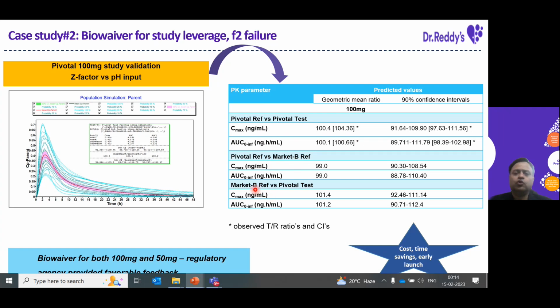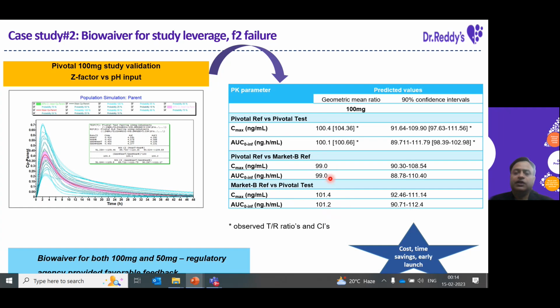We also showed where the concern was coming from, that market B versus the pivotal test, in spite of the dissolution differences at pH 6.8 and F2 not matching, we could show based on the virtual bioequivalence, after thorough validation of the model, that it has no in vivo impact.